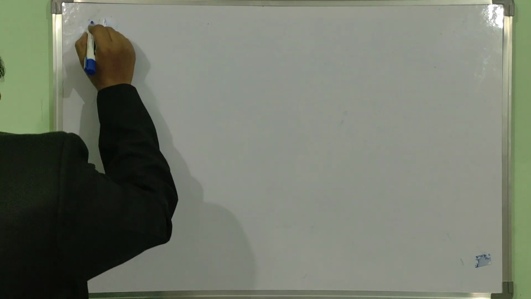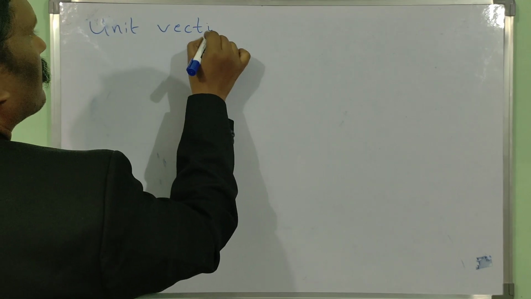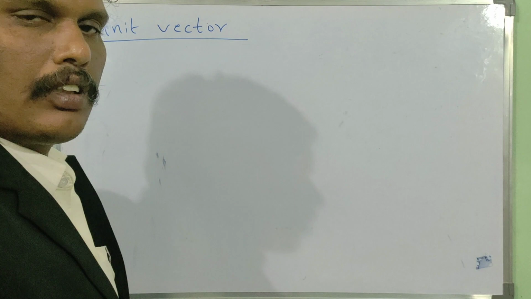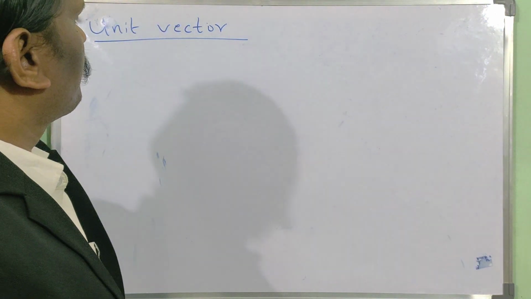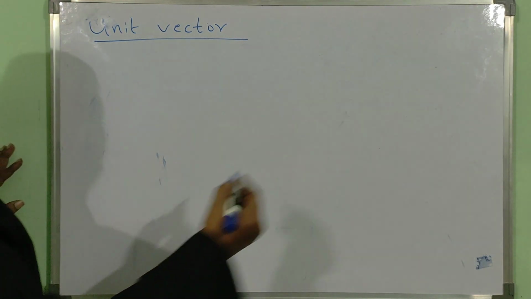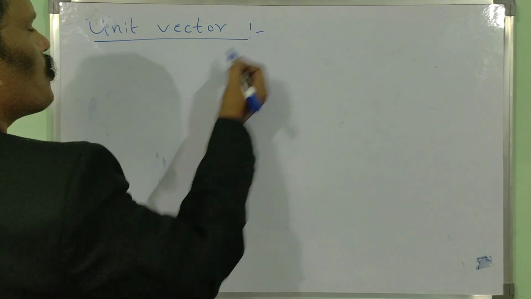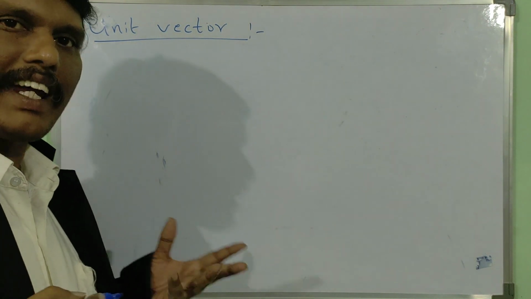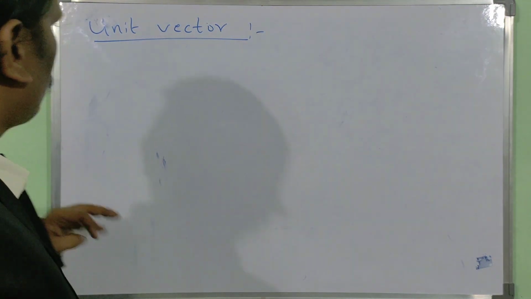Next one, unit vector. What is the unit vector? If suppose I am going to consider any vector, generally the use of a unit vector is to represent directions.